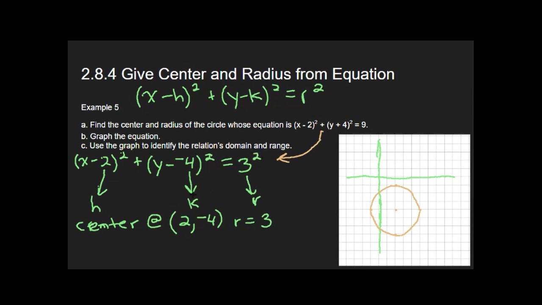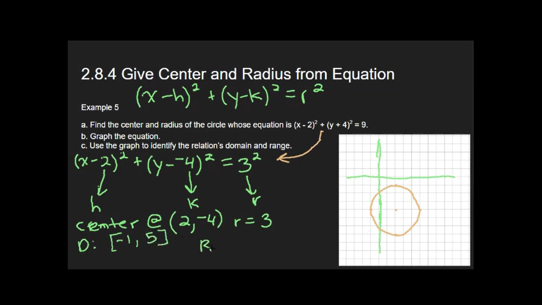So now we have graphed the equation, and then it says use the graph to identify the relation's domain and range. And so looking at the graph and looking at the points that we plotted to get the graph, we can see that the domain, right? The domain is every value from -1 inclusive of -1 all the way to 1, 2, 3, 4, 5. So the domain is [-1, 5].